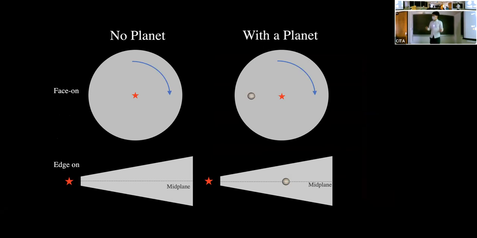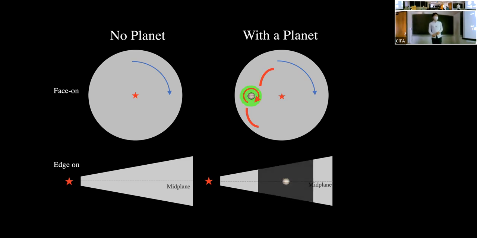Now, let's say a giant planet is forming in the disk. This planet will perturb gas motion in a few different ways. So first, the planet may assemble a circumplanetary disk around itself. This mini disk goes around the planet instead of the star. And then the planet may launch density waves. And when gas crosses those density waves, their orbits will be perturbed.